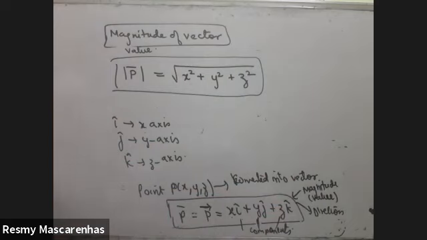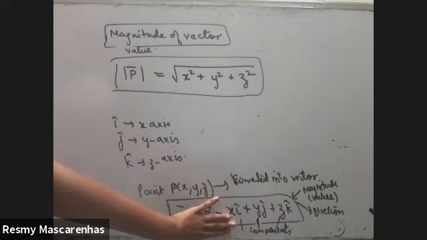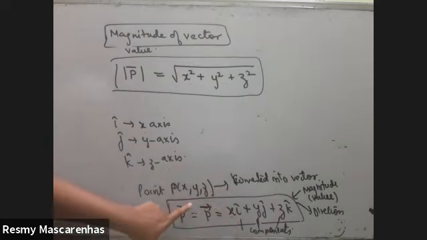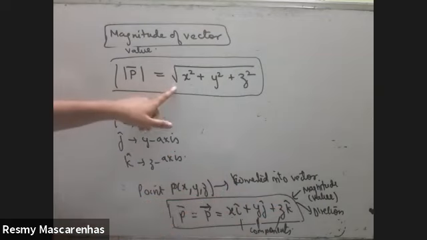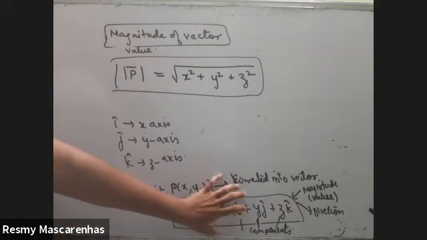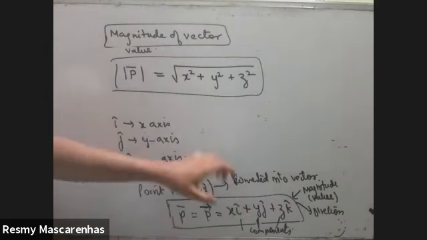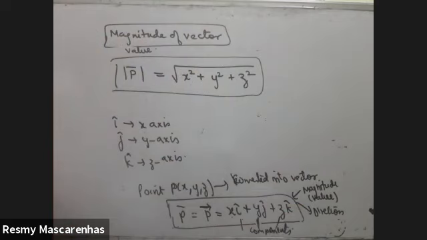Any doubts in this? Any point can be converted into a vector by putting a bar on it. With the magnitude formula, for any vector, if I want to know only its value and not the direction, I have to find this.